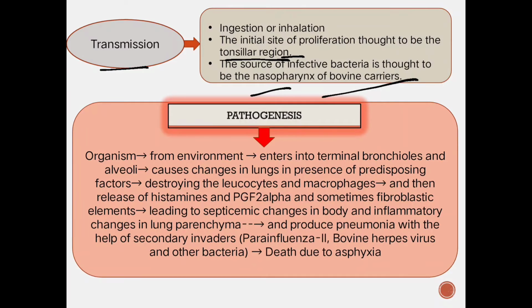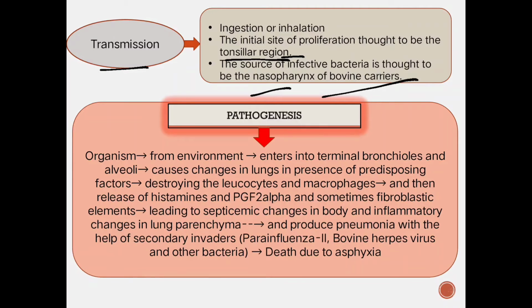Pasteurella multocida is a natural inhabitant of the animal, present in the nasopharynx and tonsillar regions. If you take tonsil and nasopharynx secretions and stain them, we may encounter Pasteurella multocida, but it does not mean the animal is suffering from HS disease, because these organisms are natural inhabitants of the tonsils and nasopharynx.